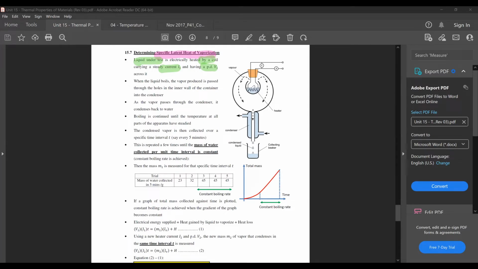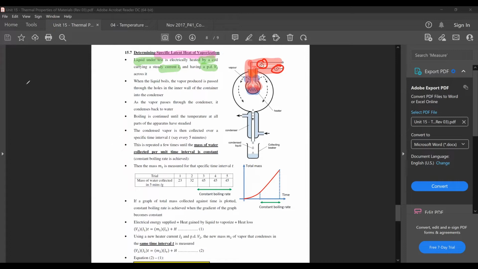Okay, so the liquid that you have, you need to put it inside some sort of flask with holes in it. Okay, so that liquid must be heated by something. You have a heating element here. You are using an electrical heating element. You want to make sure that when you heat it up, you know the voltage and the current through your heater.